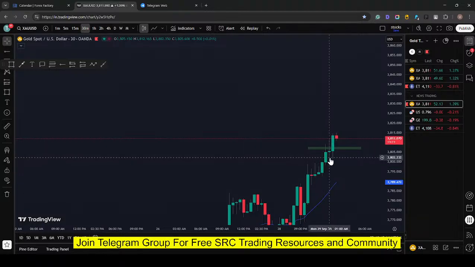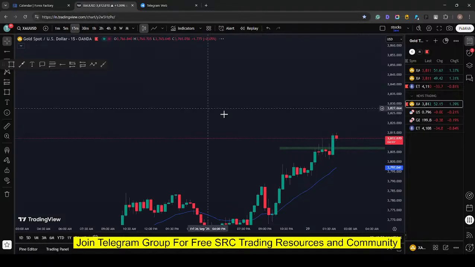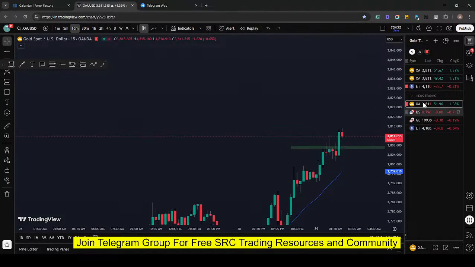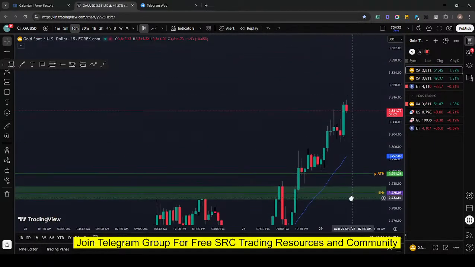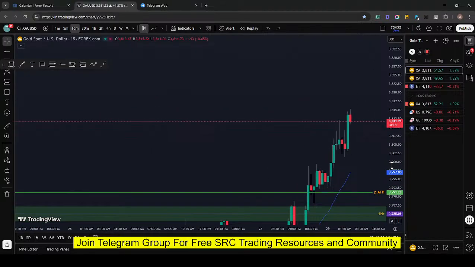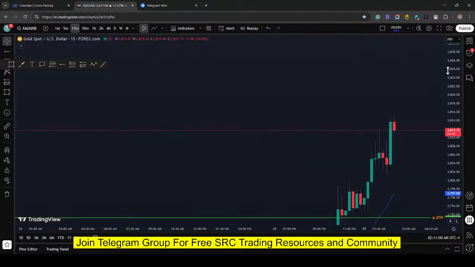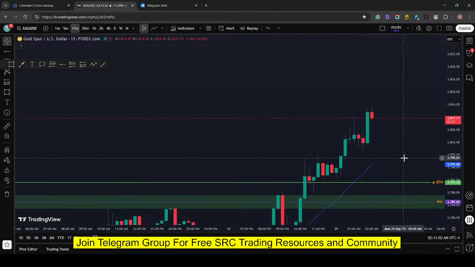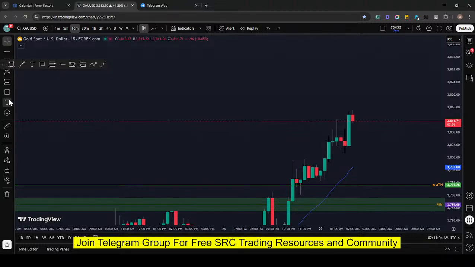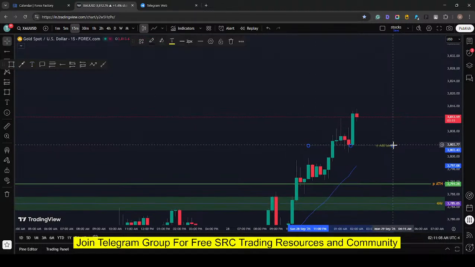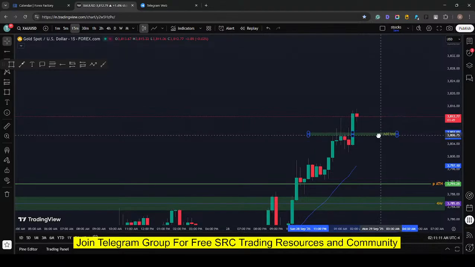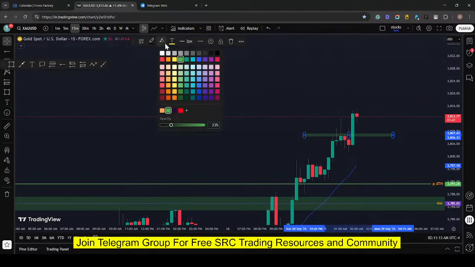So let me see the structure on 5 minutes, right? Let's move to our forex.com chart. What is going on? Let's break down the lower time frame. So we had a resistance over there.